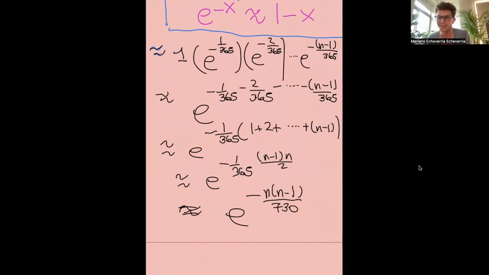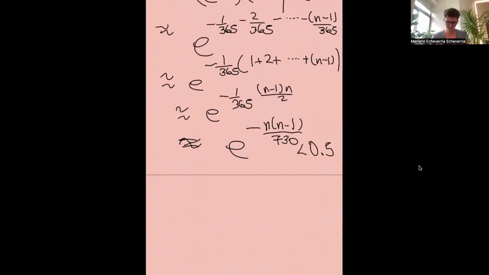How do you solve an inequality involving exponentials? You take the natural log. So you want the natural log of e to the minus n. Well, there are different ways.